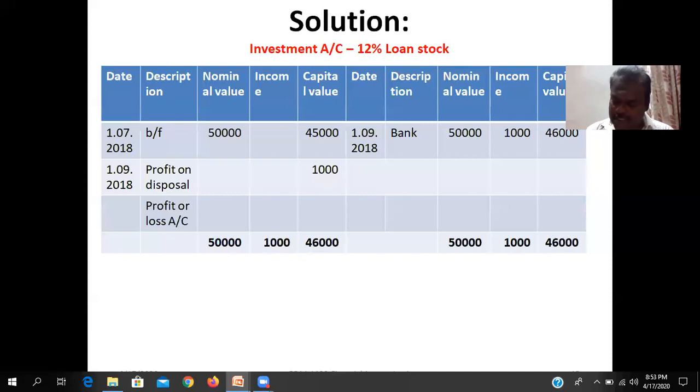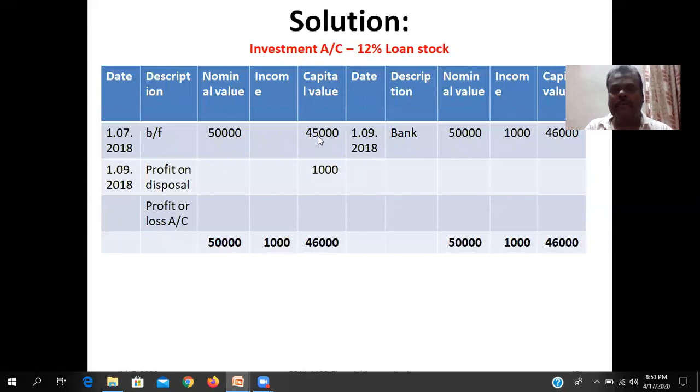If the purchased investment is sold at any date, because of that sale of investment, the company can have a profit or loss. So then we have to compute the profit or loss on disposal, that is the sale of investment.